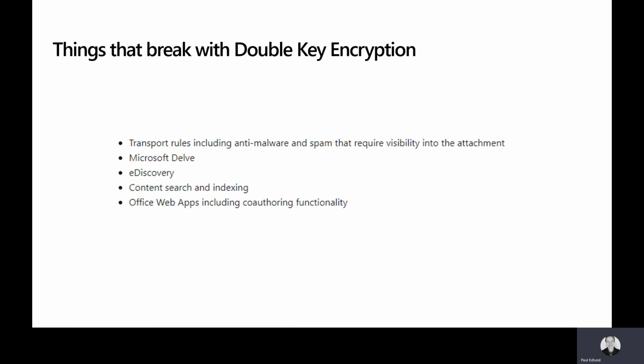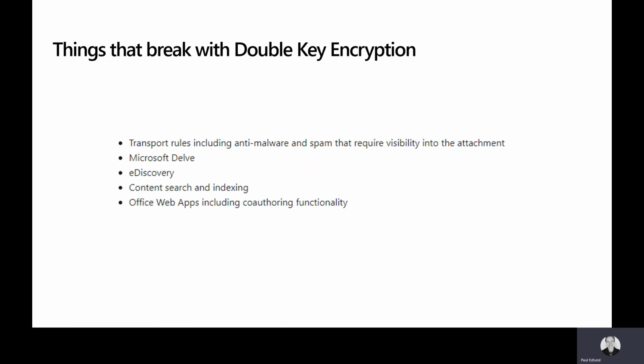So maybe I am a lawyer in your company that does patent law for chemicals, right? Anytime new content comes up for patents around new chemicals, Delve will say, Paul, did you know that this new content was created? I don't have to go and search for it. It finds me, right? That's what Delve does.